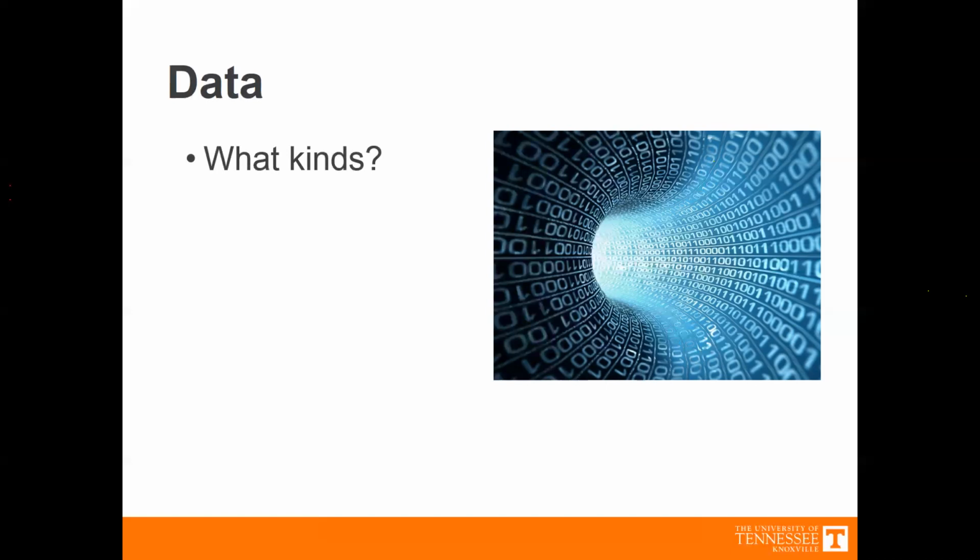When I say kinds, what I mean is: is it going to be mostly numerical data? Is it going to be mostly textual data? Is it going to be digital photography? Is it going to be videos or audio, things like that? It can be multiple types or kinds of data. You just have to mention what they are.